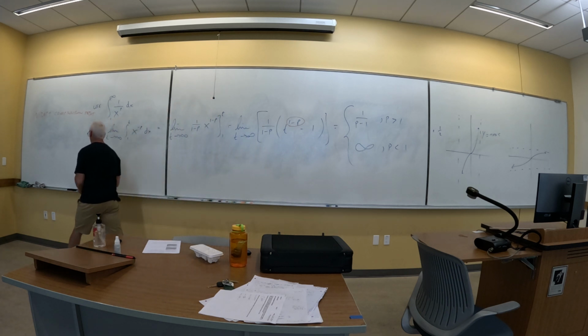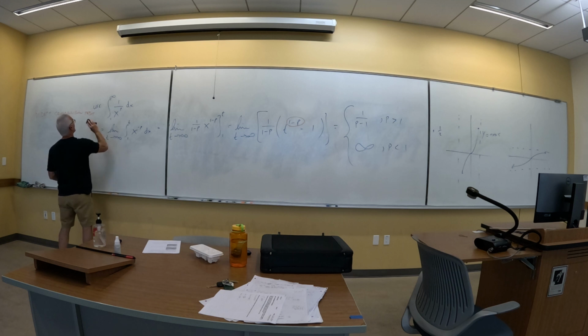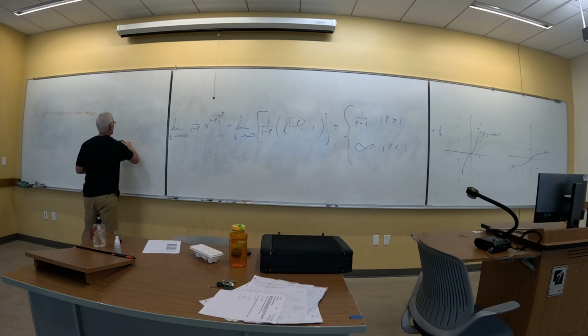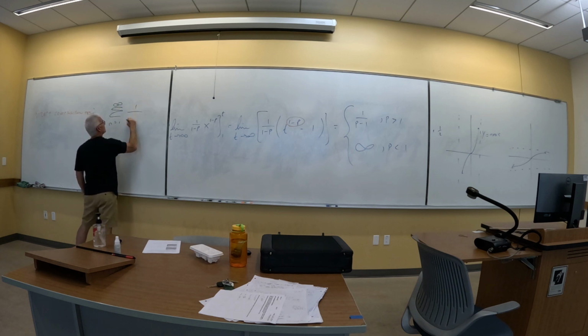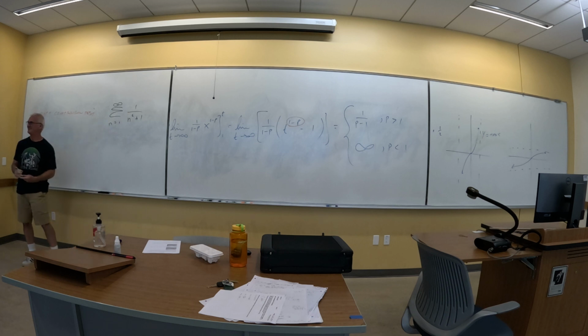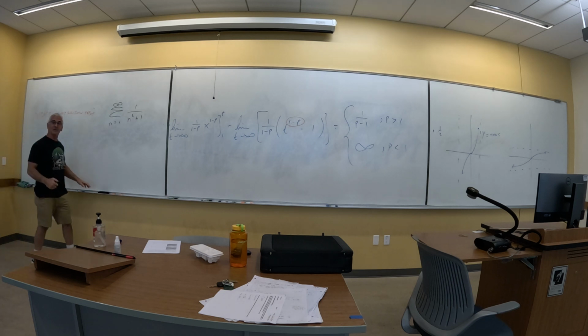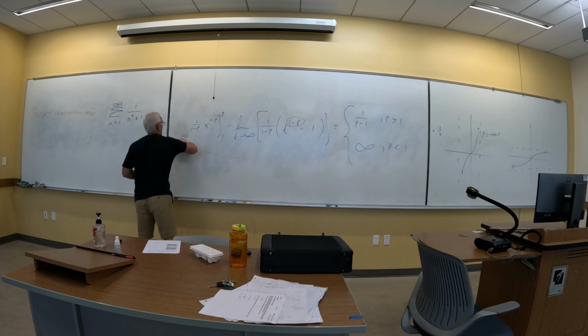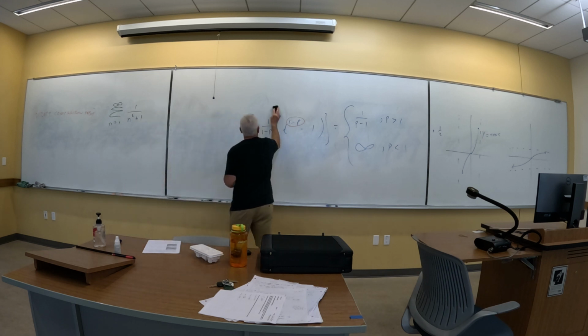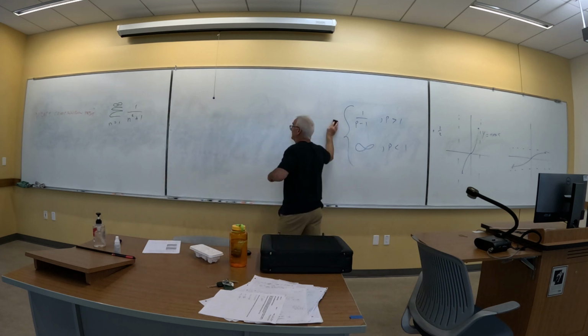So let's consider, how about this one? I'm going to walk you through a direct comparison. Direct comparison should be your favorite one because it's the absolute least amount of work. You're not even going to take a limit in this case.